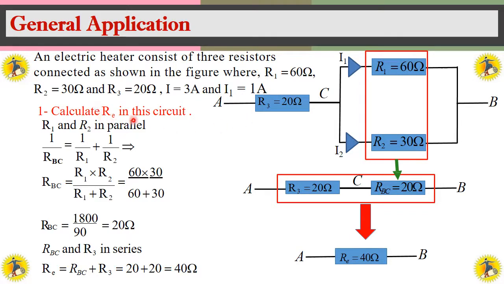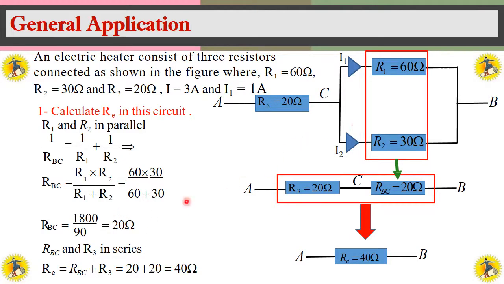Calculate R equivalent. To find the R equivalent, we will calculate first the equivalent of R1 and R2. They are connected in parallel, so we'll use the formula of parallel resistors: R1 times R2 over R1 plus R2 equals 60 times 30 over 60 plus 30, we will get 20.